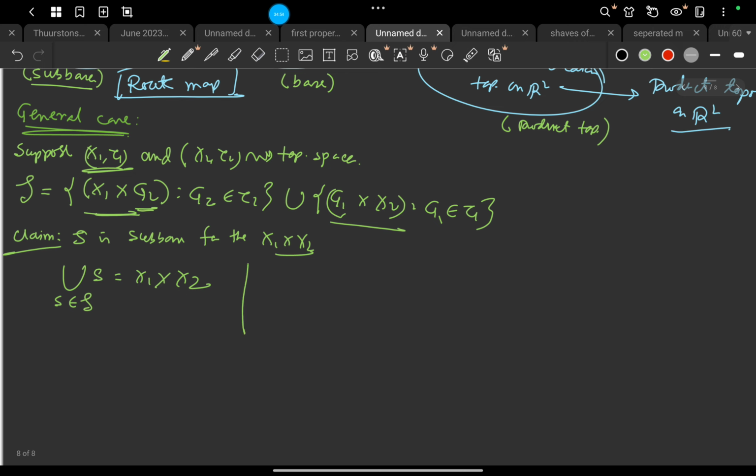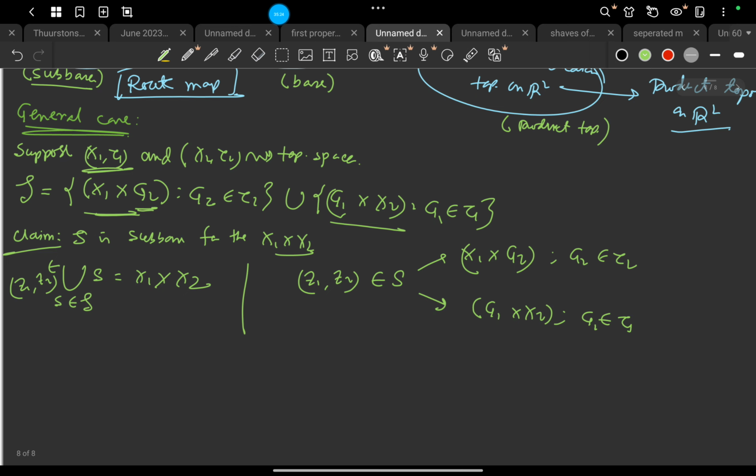So let us consider any element z1 comma z2 that belongs to the union of S. Each set should look like X1 cross G2, where G2 belongs to tau 2, or G1 cross X2, where G1 belongs to tau 1.